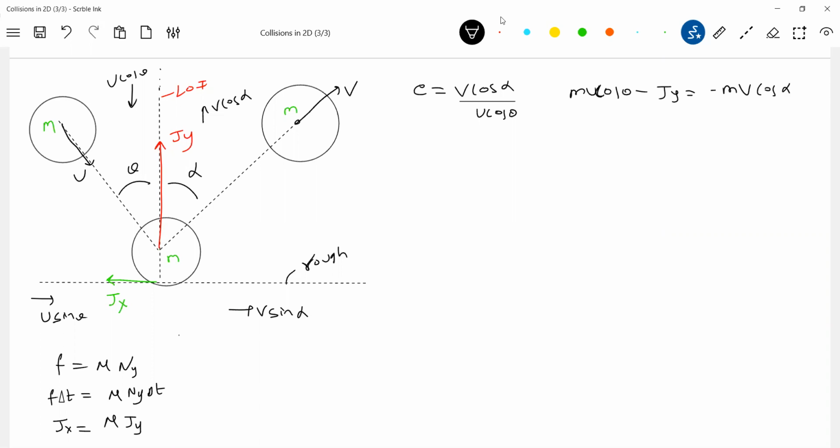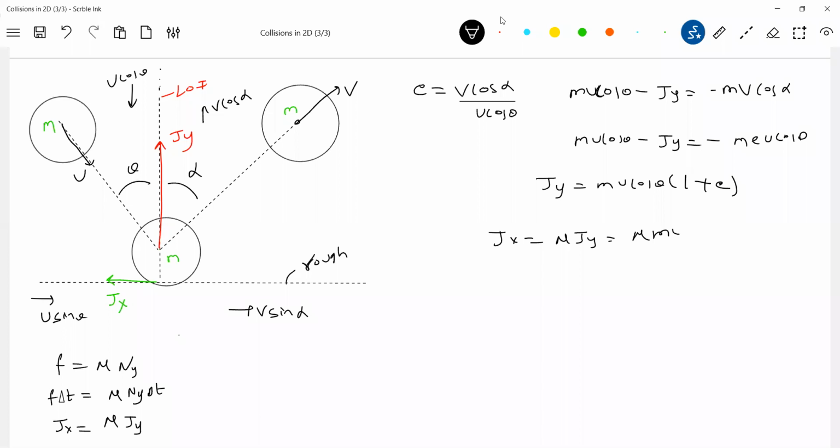Here v cos alpha we can write as e u cos theta. So this is Jy. Now what is Jx? We know Jx equal to mu Jy, so mu cos theta into 1 plus e.